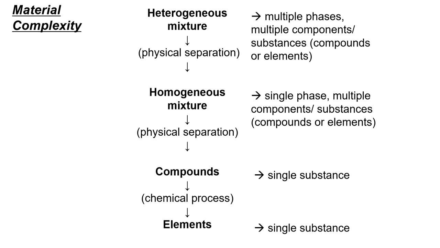And then finally, if we break those compounds down, we can find the composing elements that make them up. And those are the simplest single substances that are known in the universe. And we'll talk about the smallest particles that make these up a little bit later.